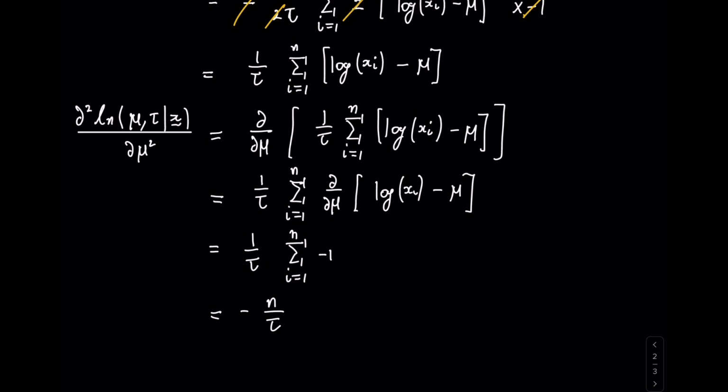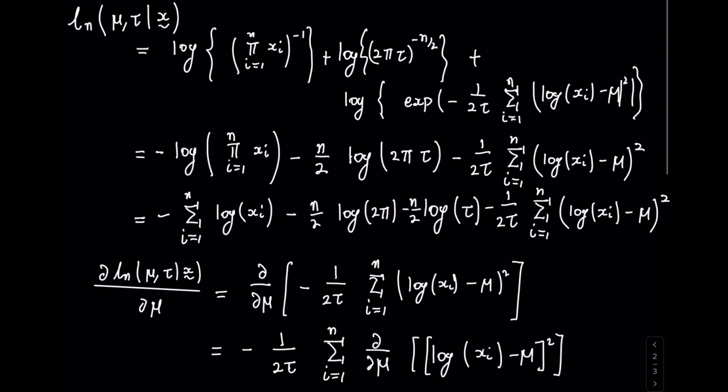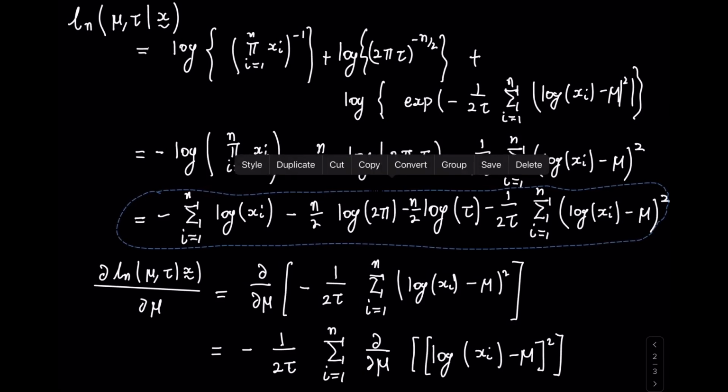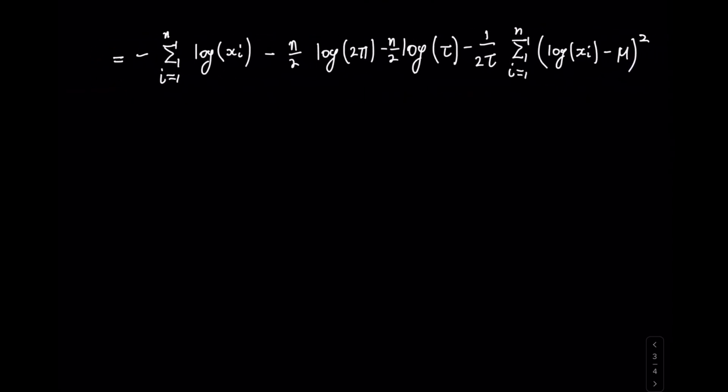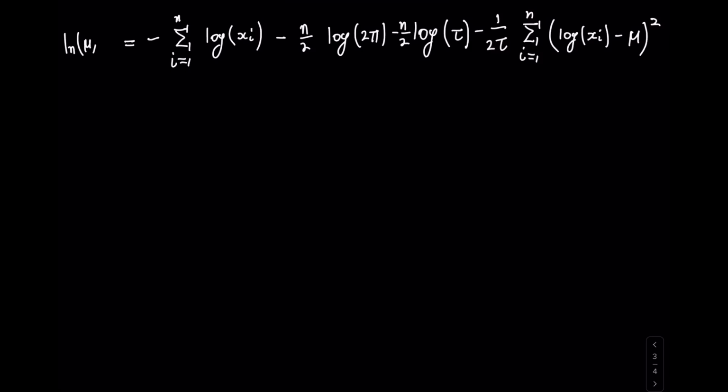Brilliant. Let's move on to finding the derivative with respect to tau now. I'm going to take a copy of our likelihood function again, paste that out, and here we have it: our likelihood function, l n of mu, tau, given our data.